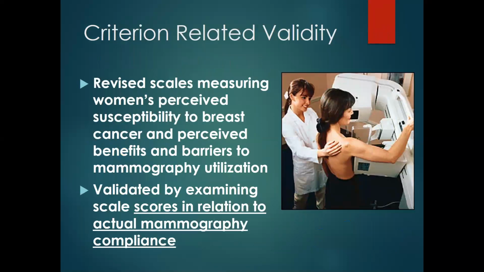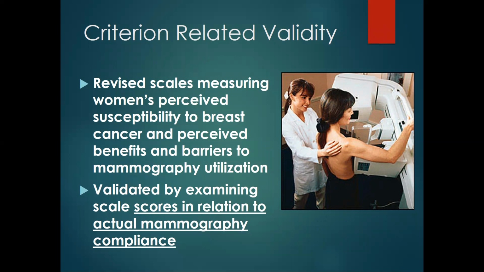And let's now look at criterion-related validity. Here, there were revised scales measuring women's perceived susceptibility to breast cancer and perceived benefits and barriers to using mammograms. It was validated by examining the scale scores in relation to the actual mammogram compliance.